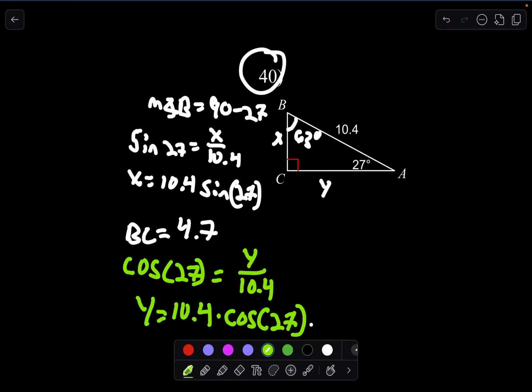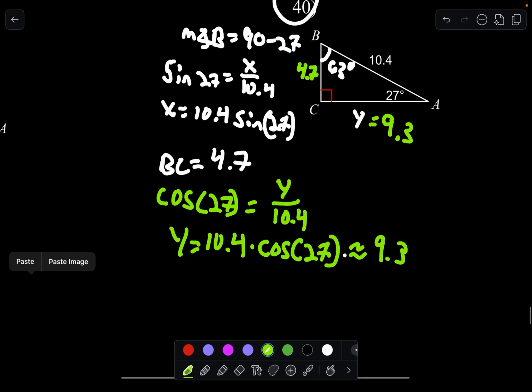And then again, you use your calculator. This comes out to be 9.3. So y equals 9.3, x equals 4.7. And you solved the triangle. You found all the missing pieces. All right?